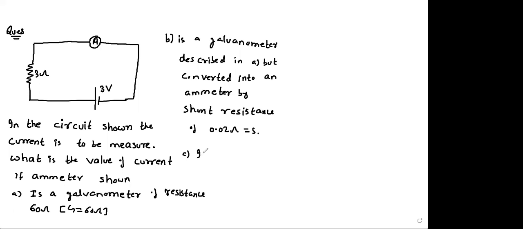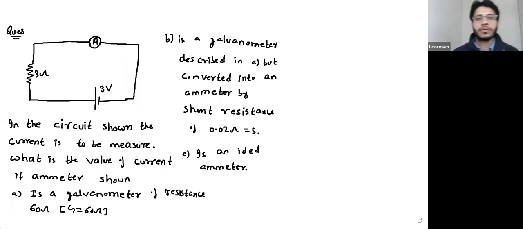A is an ideal ammeter. You want to measure the current through this resistance. To measure this current, you are using this ammeter A. In the first part, that ammeter is basically a galvanometer. Can you guess the value of current through the circuit if this is a galvanometer having a resistance of 60 ohm?